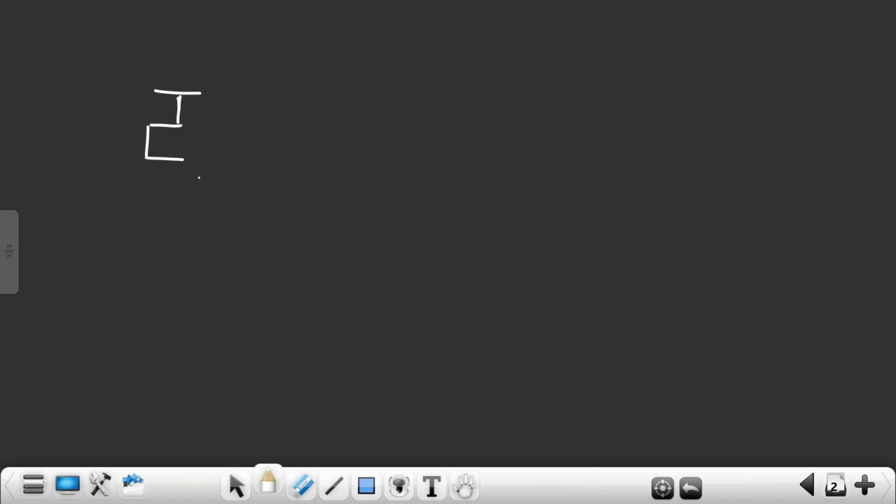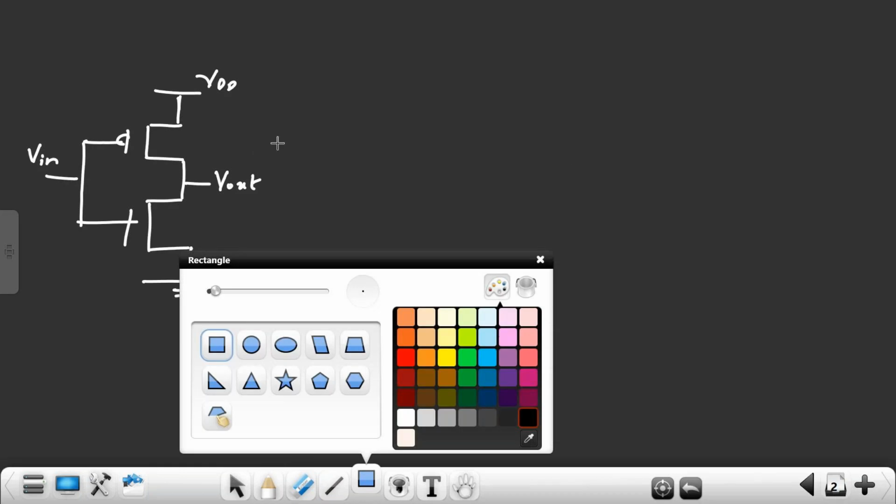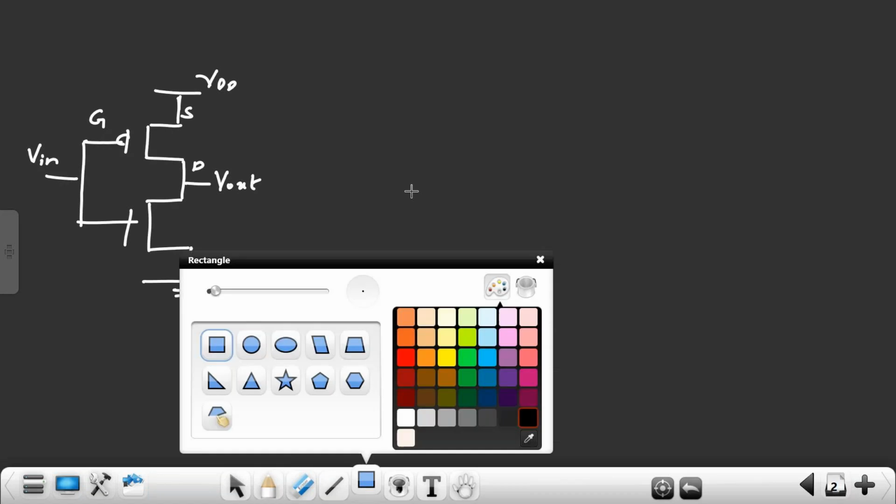If you take a CMOS inverter, this is the schematic. This is V in, this is V out, this is VDD, this is ground or VSS. Layout is nothing but a top view of your CMOS.